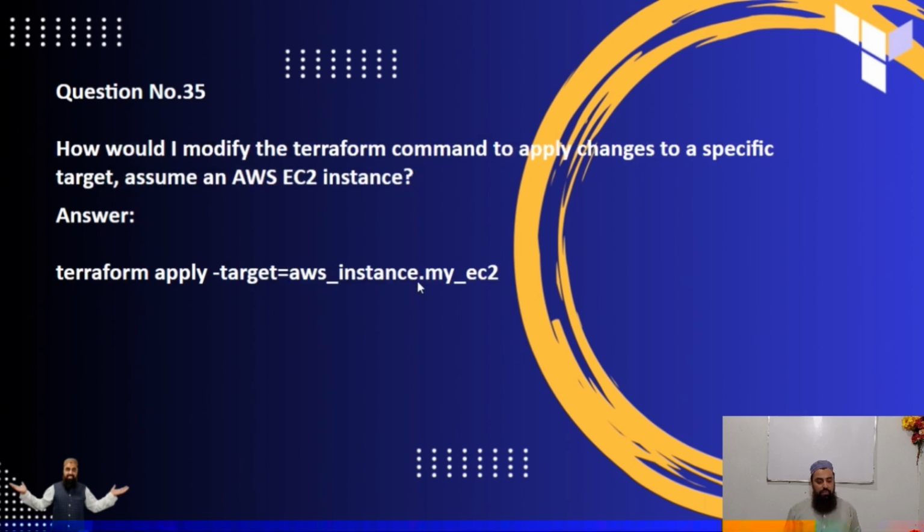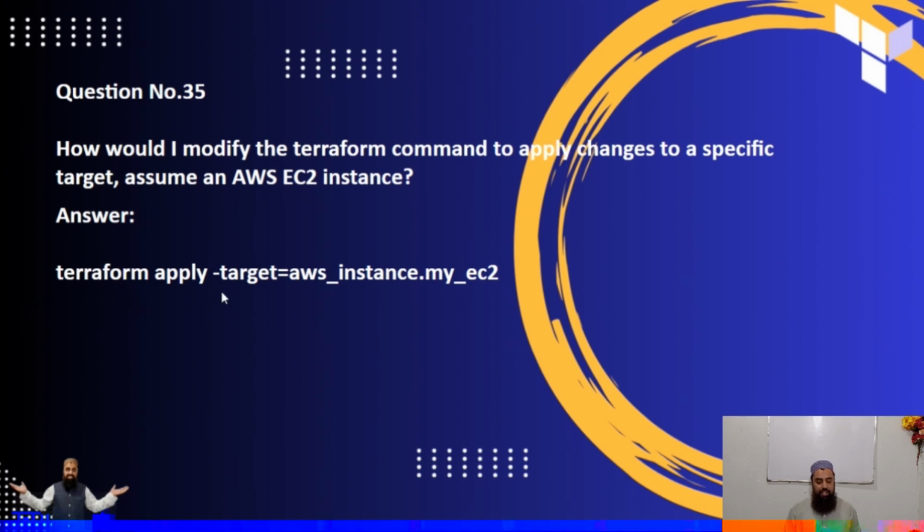Question number 35. How would I modify the Terraform command to apply changes to a specific target? I don't want to touch the rest of the resources, the rest of the infrastructure. I just want to apply the changes to a specific target. Then I have to mention this target in the Terraform apply command.